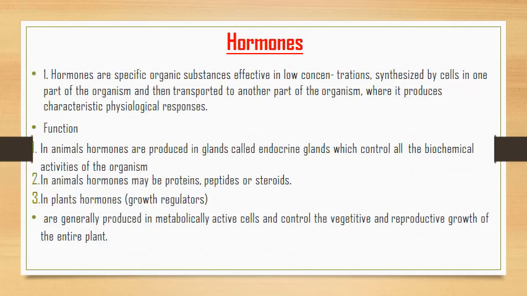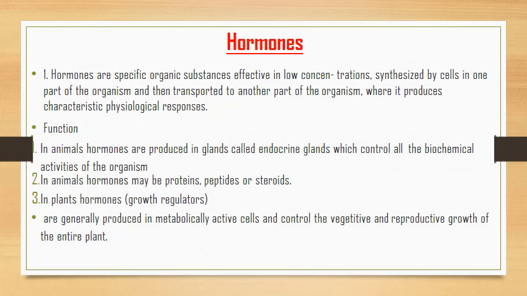Next is hormones. Hormones are specific organic substances effective in low concentration, synthesized by cells in one part of the organism and then transported to another part of the organism where they produce characteristic physiological responses. Function.